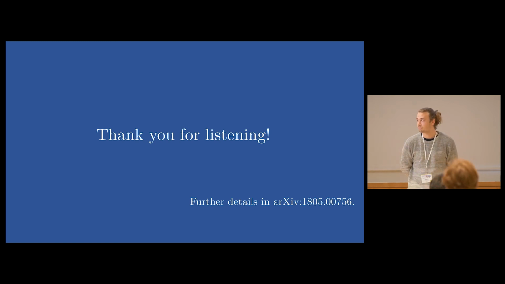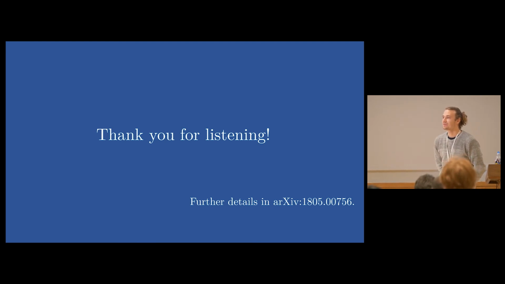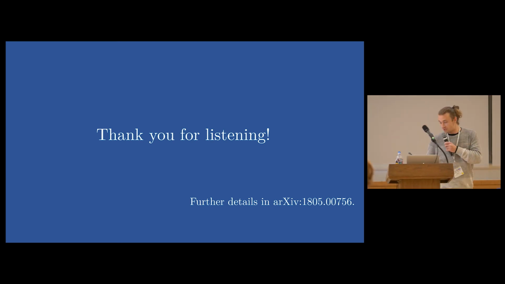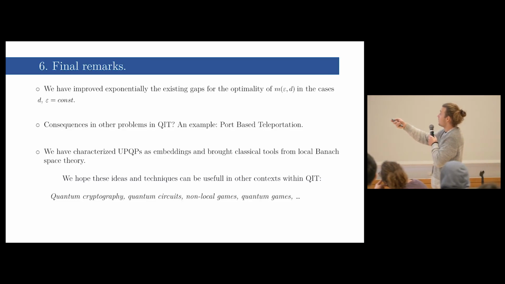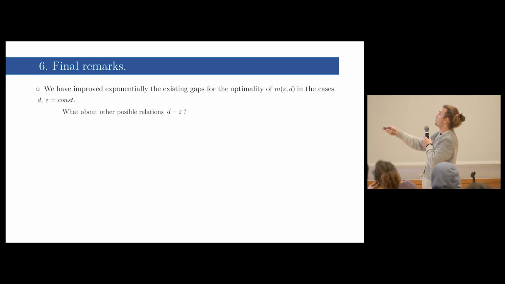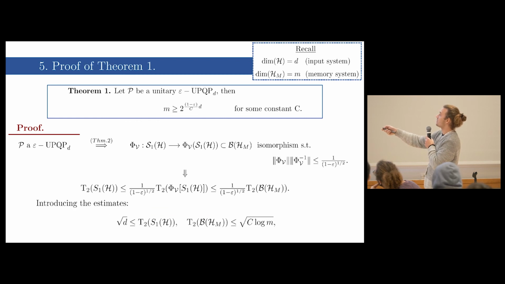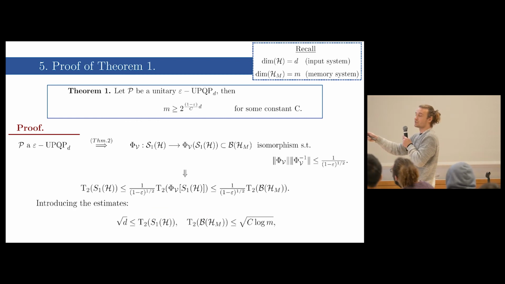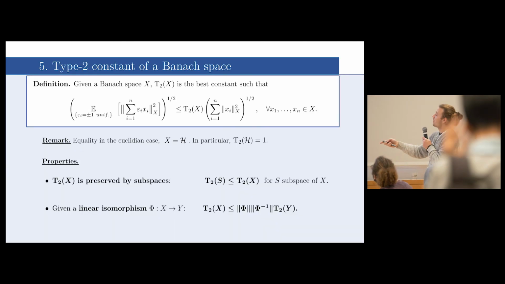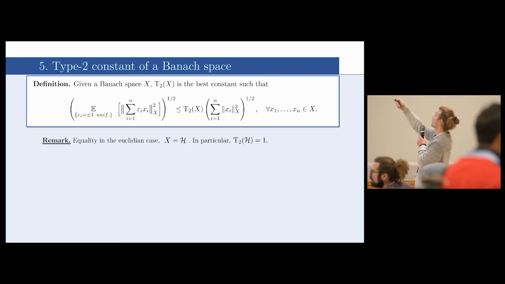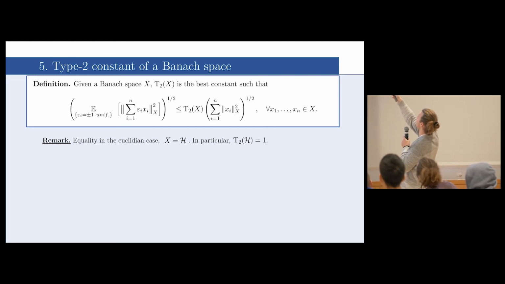Well, let me ask, maybe my question is similar to the last one. Are there any restricted classes of unitaries that you can also say something about? Yeah, exactly. So let me go back to the definition of this. The key point in our proof is that the bound comes from some estimates on your type 2 constants. And indeed, you can estimate this type 2 constant for specific elements in your spaces.